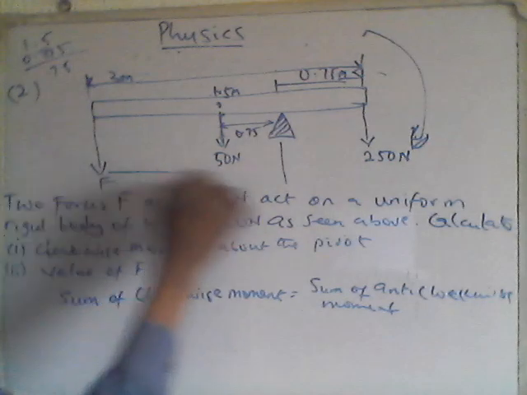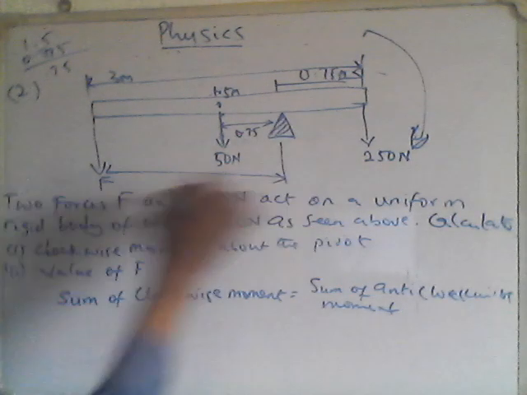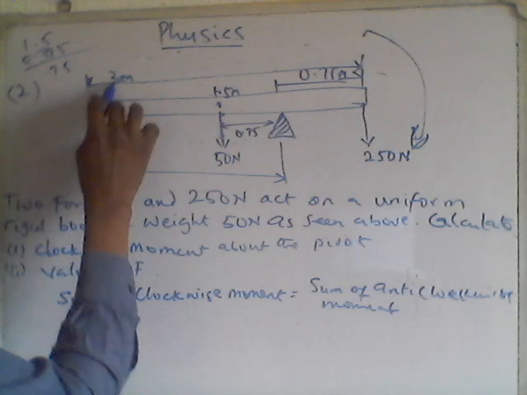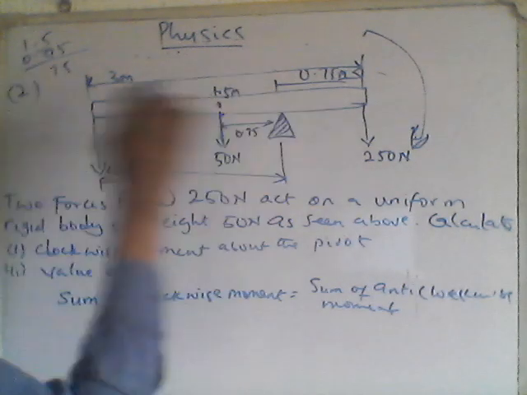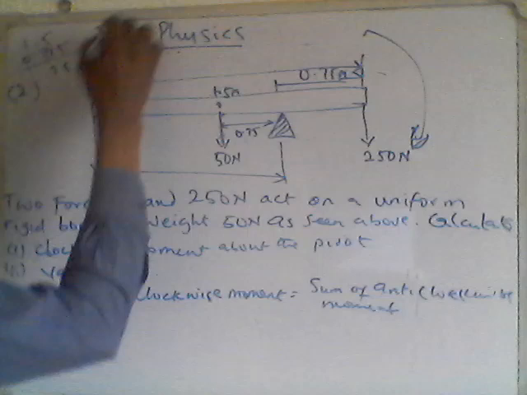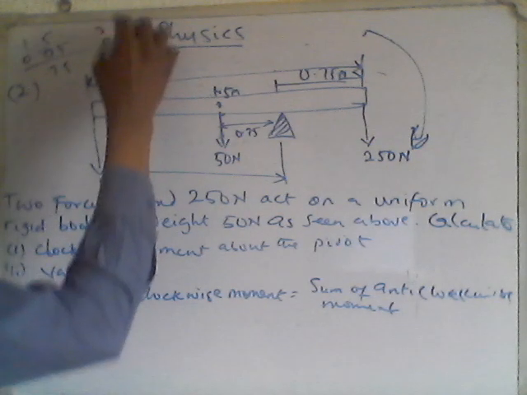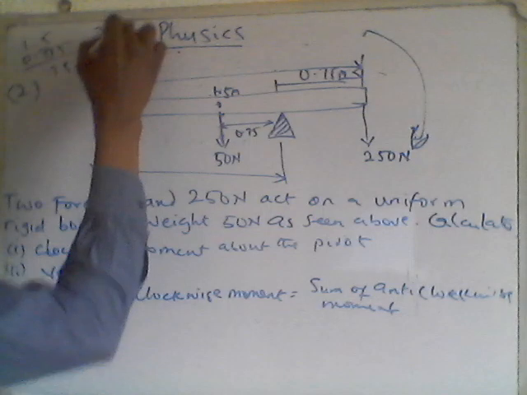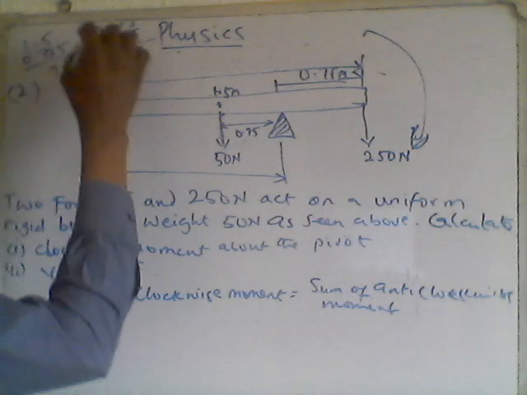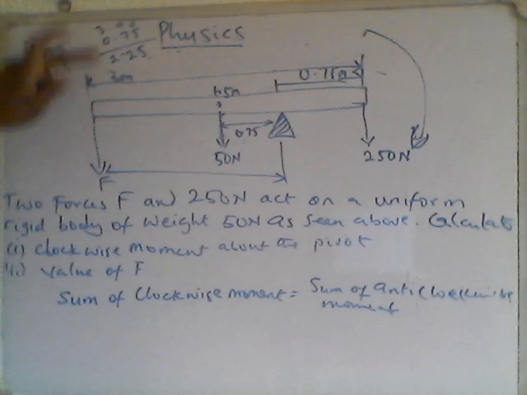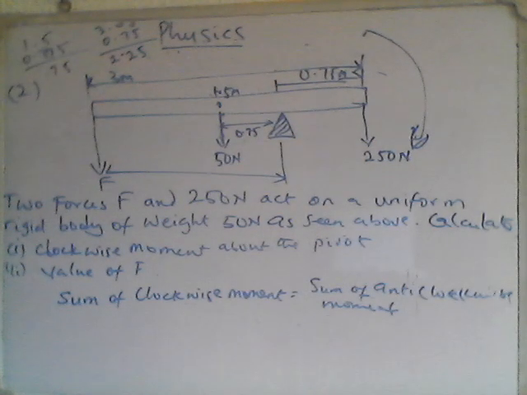Just watch what I'm doing. From here to here will be 3 minus 0.75, so this one is 2.25, because this and this will also give me 3, right?